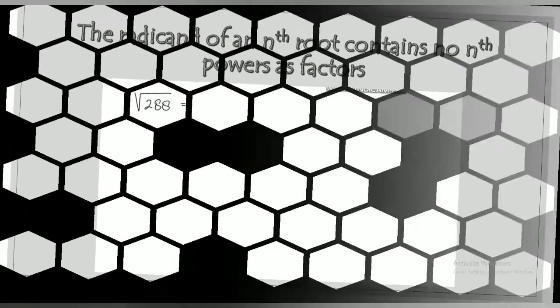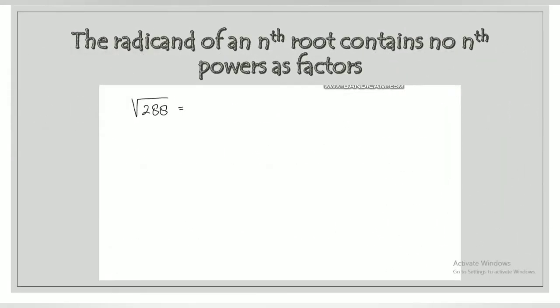The first one: the radicand of the nth root contains no nth powers as factors. Let me put this as simply as this. If I have the square root of 288 and I want to simplify it, first I want to find all the factors of 288. I will use the factor tree, which you are familiar with.